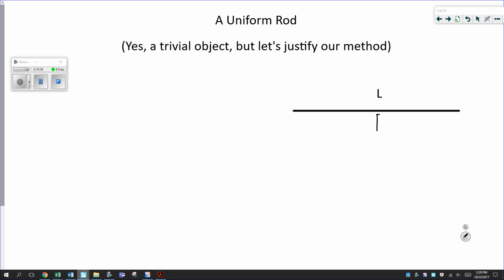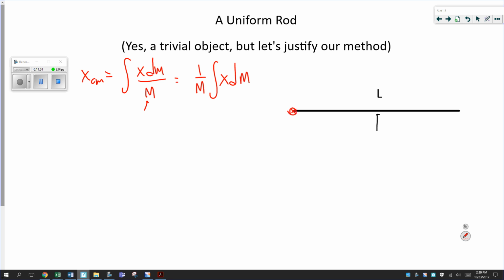Okay, so relative to this place right here, the position of the center of mass is by definition the integral of x dm over m. Now, this m is a number. It's a constant. I'm going to pull it out front and turn it into this.